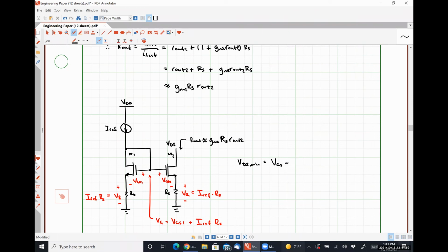VGS1 minus VTH plus IREF multiplied by RS. So what we find is that the increase in output, small signal output resistance constrains our drain voltage, right? So effectively, we have to make sure that that voltage drop is even higher than it was previously to compensate for this, okay?